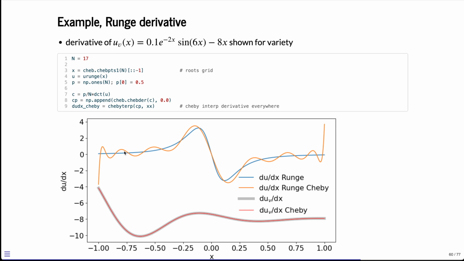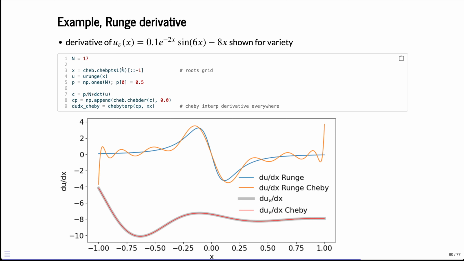You can play around with the number of points, and you can see how these behave. Okay, I'll just note that this Chebyshev function doesn't really care what your grid is. It only operates on the C coefficients, so it doesn't really matter whether you're on the roots grid or the extrema grid.